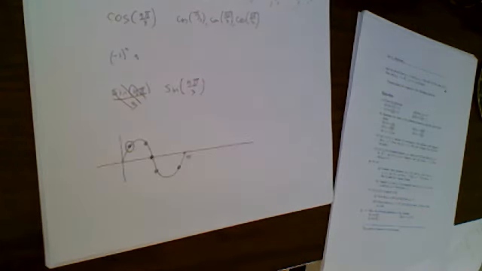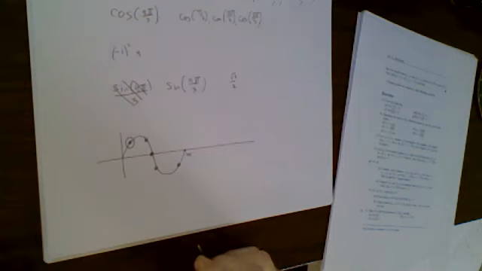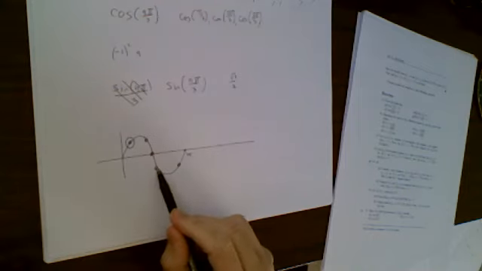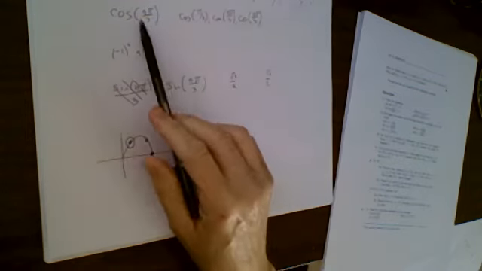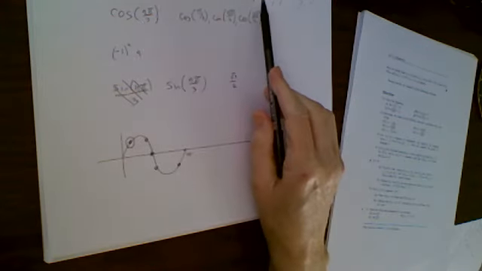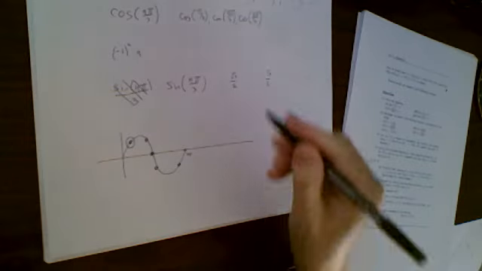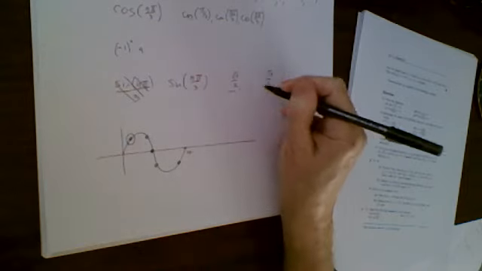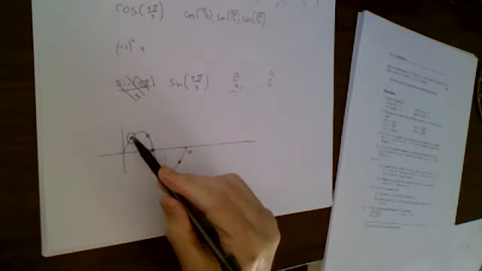Sine of pi over 3 is sine of 60 degrees. That's root 3 over 2. Down here, you're going to have negative root 3 over 2. So, whereas this sequence continues to have negative 1, blah, blah, blah, 1, blah, blah, blah, negative 1, blah, blah, blah, 1, this sequence is going to have square root of 3 over 2, etc., etc., negative root 3 over 2, etc., etc. Then this is going to repeat.